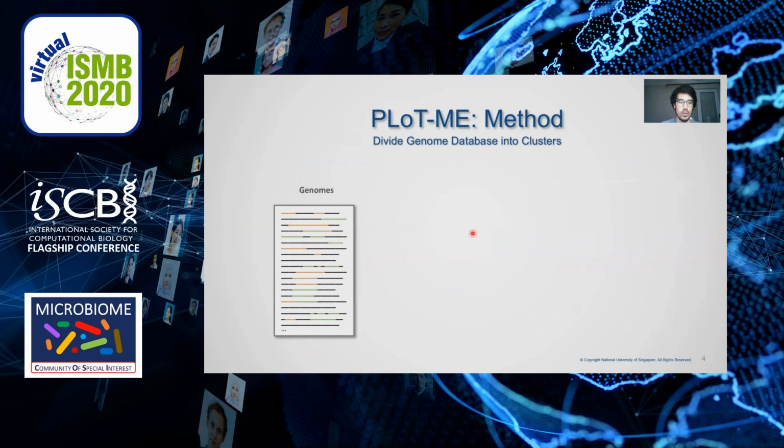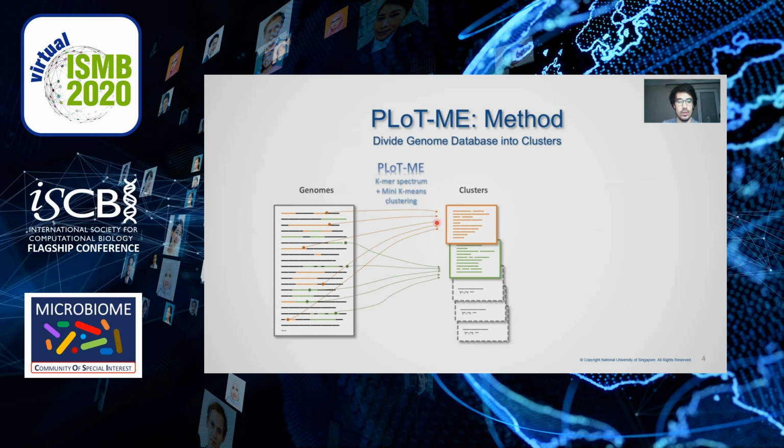So how does it work? We have all the genomes and we split them into segments. Once this is done, we compute the k-mer spectrum and we cluster each of the segments into clusters. We have just shown the first two, but just think that all the genomes, each of their segments can be clustered into different bins.